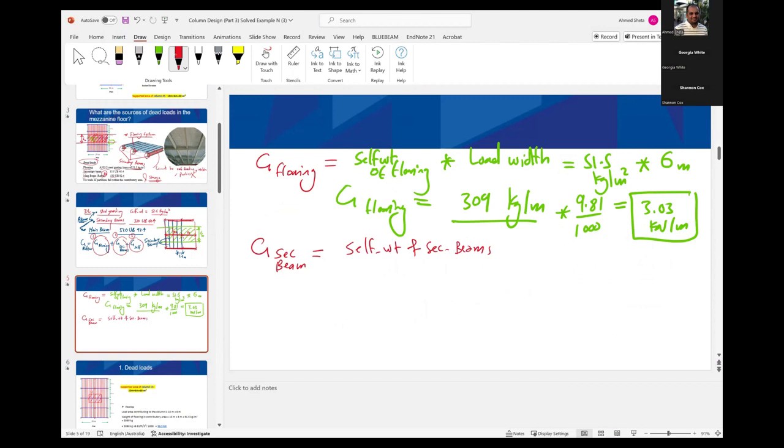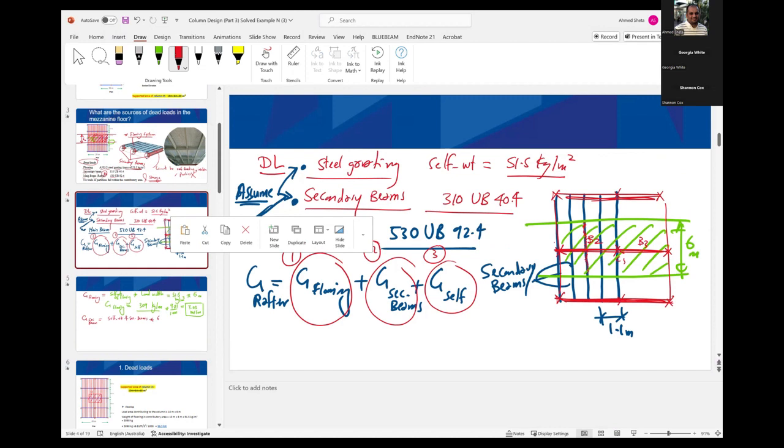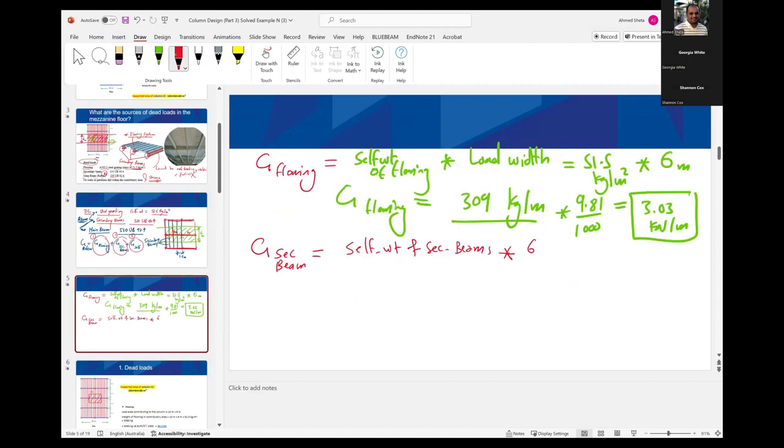So G secondary beams will be the self weight of the secondary beam, this weight of 1 meter of each secondary beam, times the load width of the rafter, which is 6 meters. So this is the length of one of the secondary beams. Let's keep it as symbols instead of numbers for now.